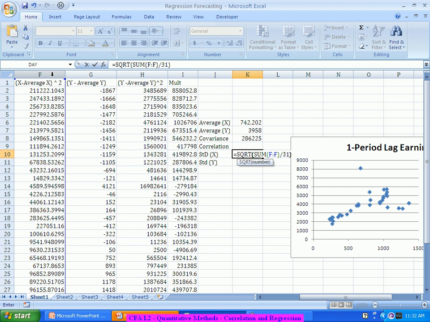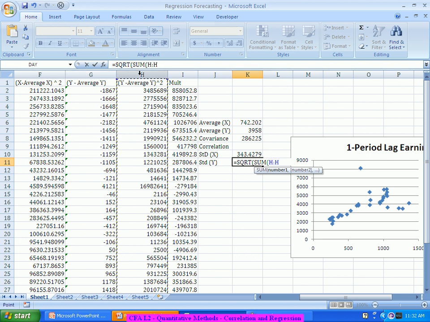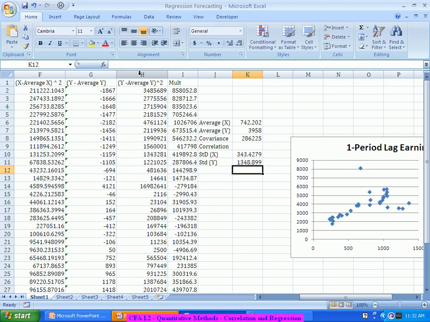So in this case the standard deviation of x is around 343 units, and similarly the standard deviation of y, this divided by 31, is coming out to 1348.